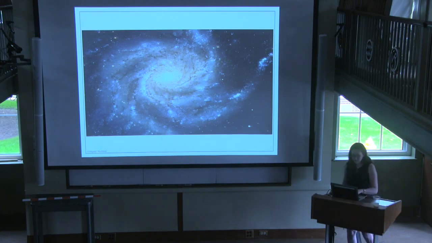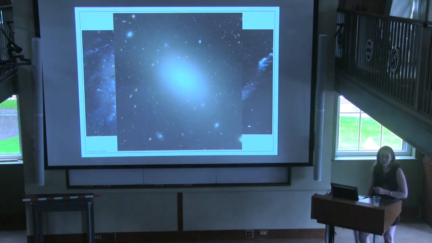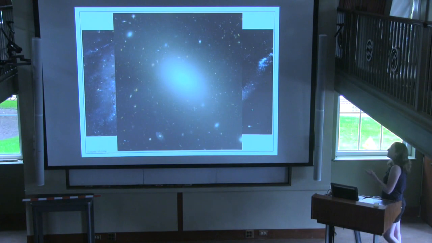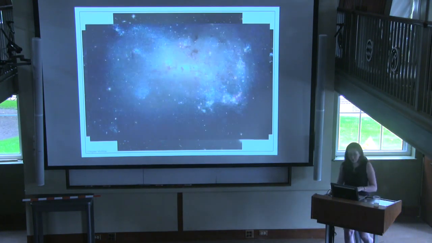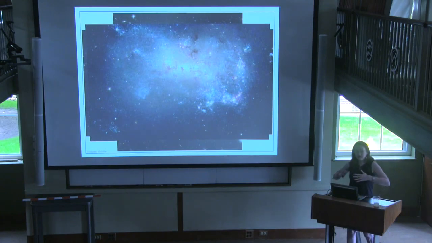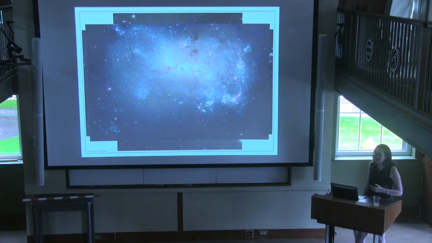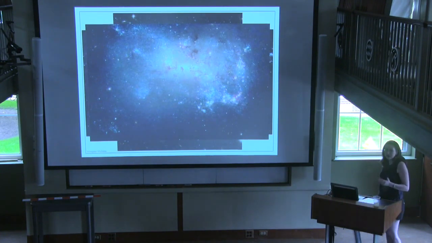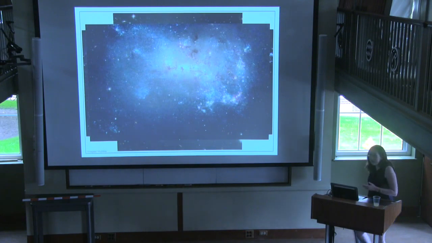Spirals like this, elliptical galaxies, which are less exciting to look at and are no longer forming stars quite as rapidly, and the quote-unquote irregular galaxies that are just kind of blobby looking and don't really fall into any particular category. And these 3 morphologies are good general descriptions of the type of galaxies that we see, but they don't even come close to describing the diversity of shapes and sizes and colors that galaxies really have in the local universe.